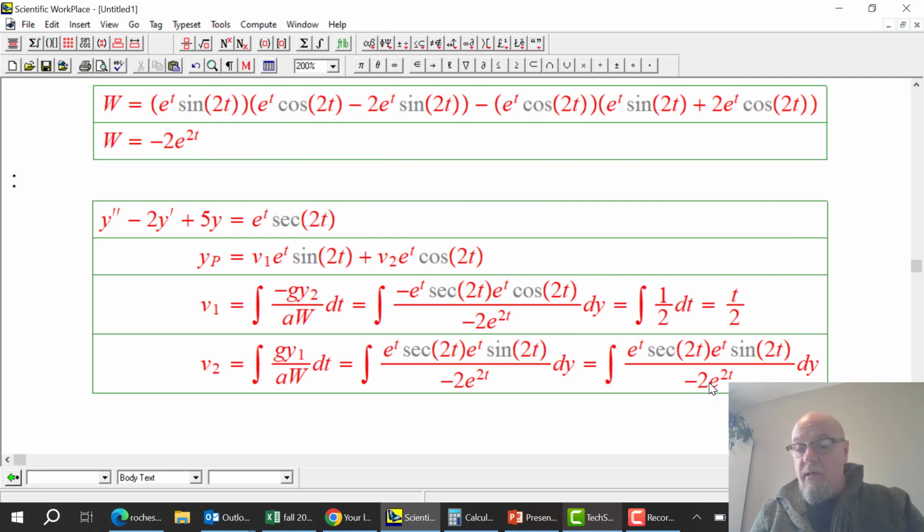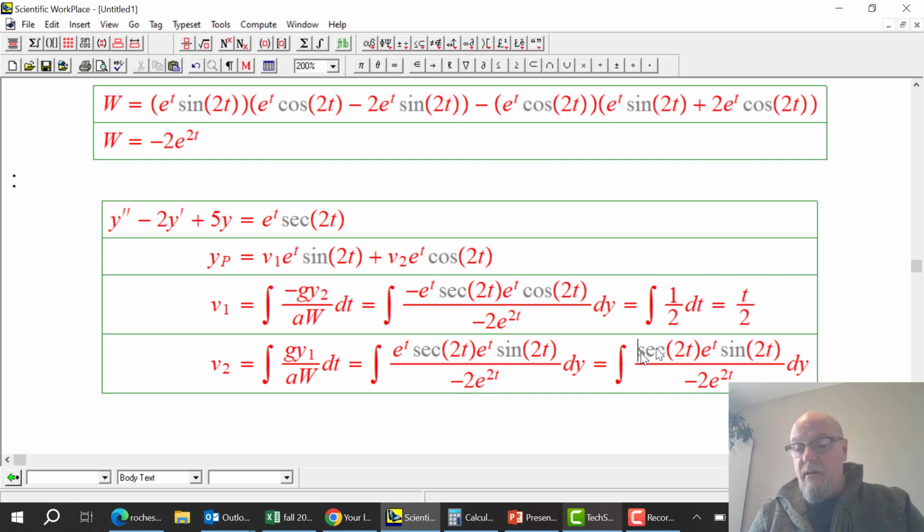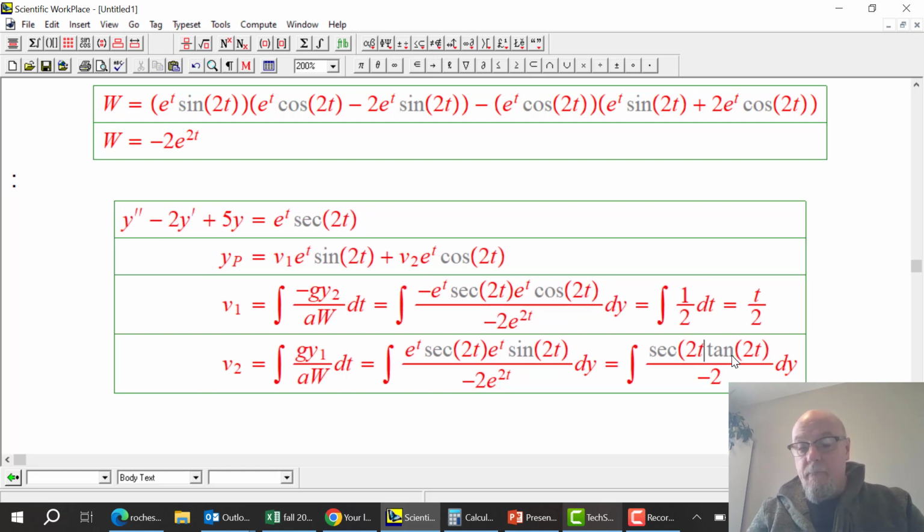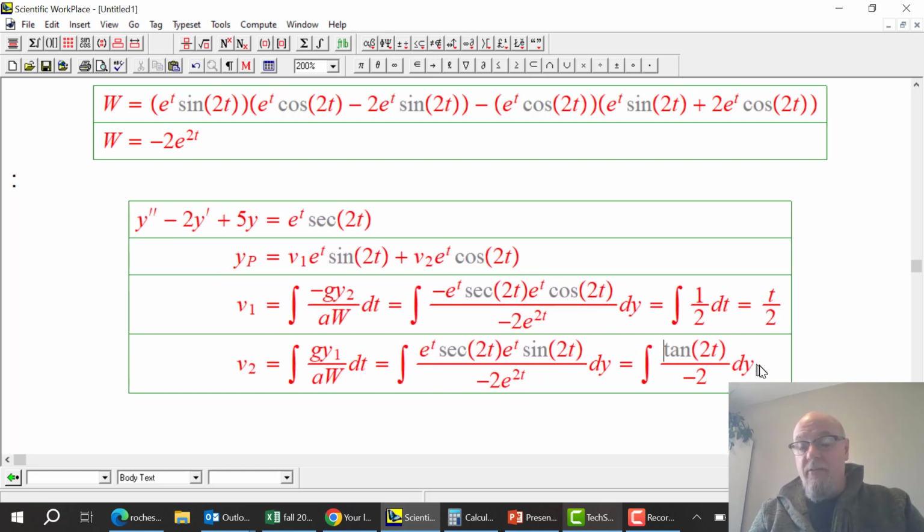The e to the 2t cancels off the e to the t, because e to the t times e to the t, add the exponents, would be e to the 2t, and then the e to the 2t's would cancel. The secant is 1 over cos, so secant times sine, or 1 over cos times sine, that's sine over cos, that should simplify down to be tan. So we just have to integrate tan.